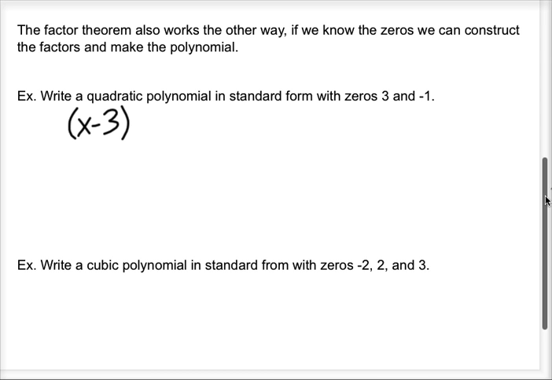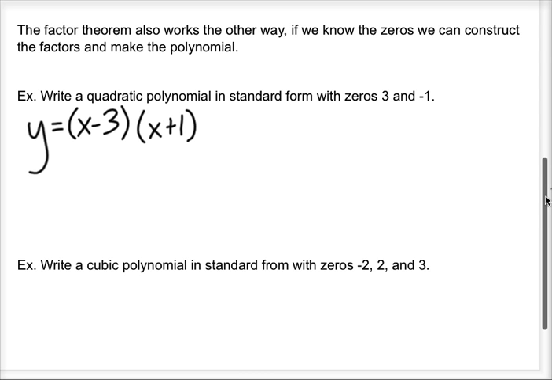So something to take away from the factor theorem is that whenever you're creating the factor, you're always getting the opposite sign of what you'd expect. Same thing with -1. Doesn't that mean it came from x plus 1? Because you put in the -1 to get 0, you put in the 3 to get 0. So here's an example of a function of degree 2 that has zeros at 3 and -1.